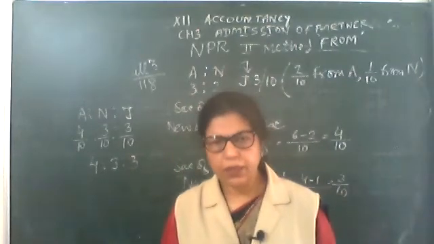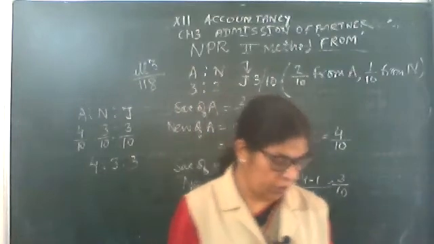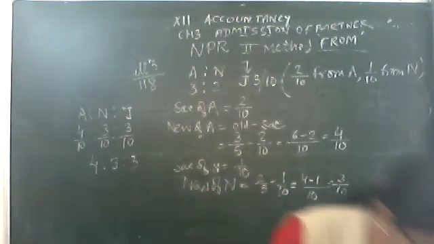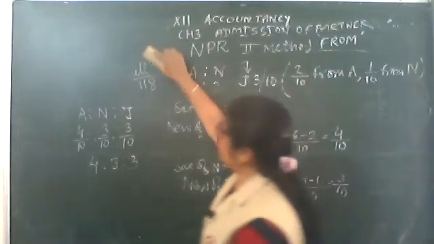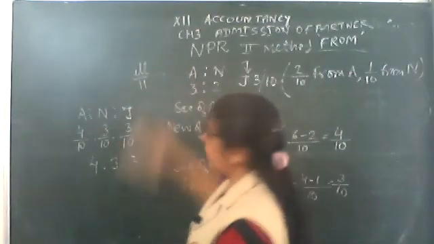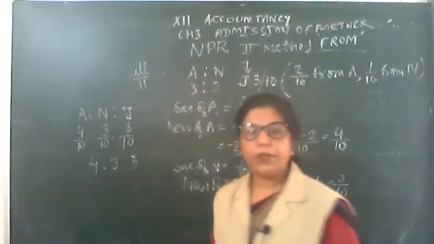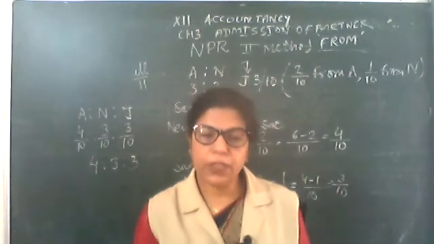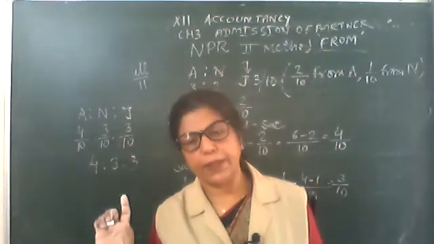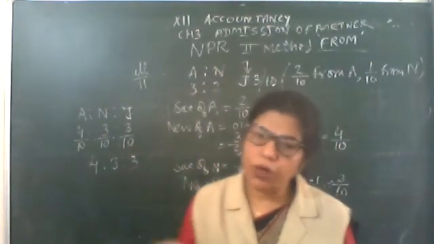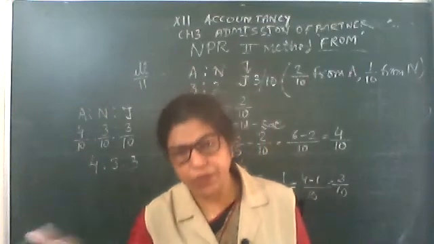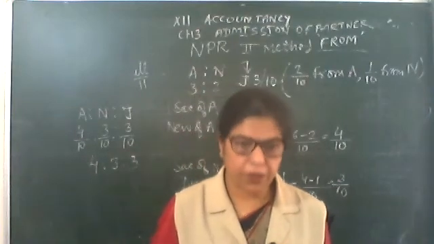Okay, got it? Now, the second question we will do from NCERT only. I'm changing the question. Now I will explain what happens if only one partner sacrifices. It is not necessary that all old partners sacrifice in favor of the new partner.